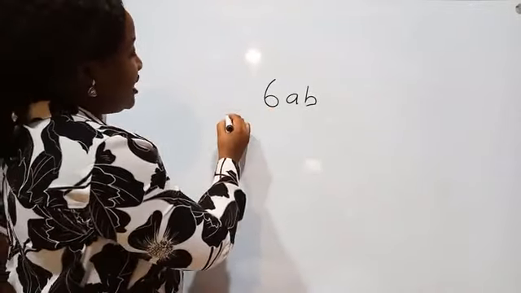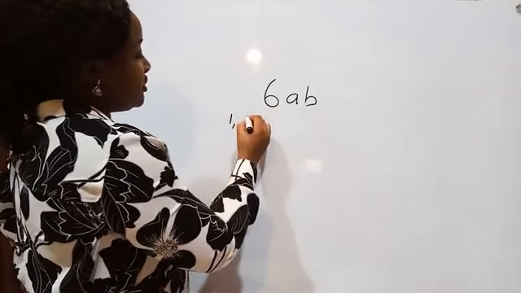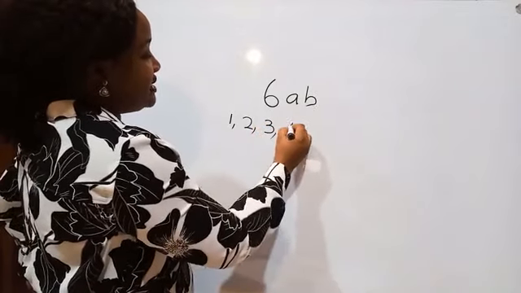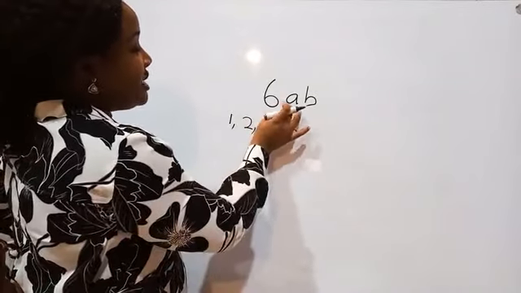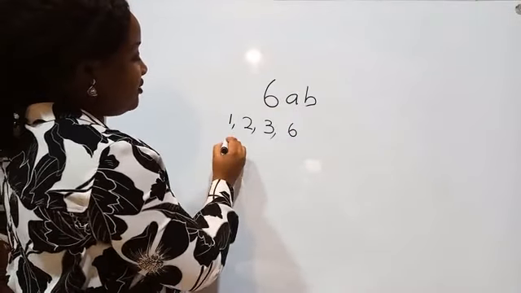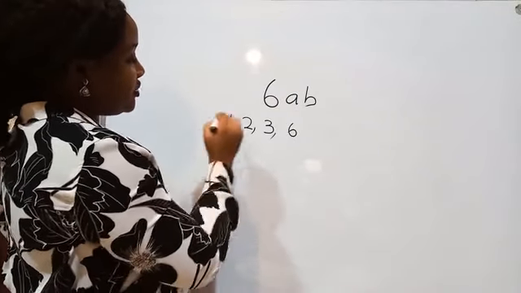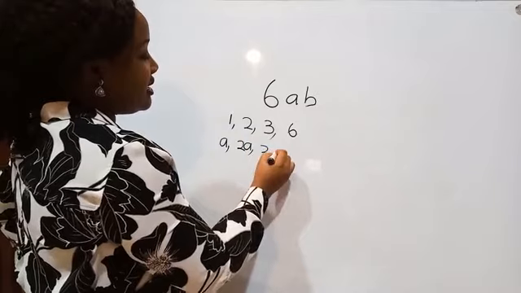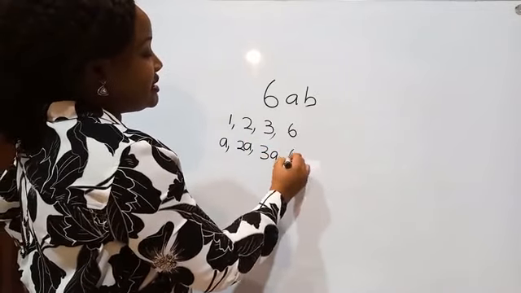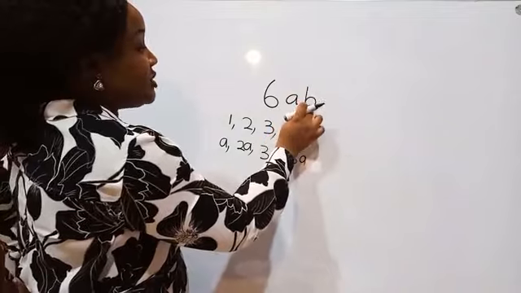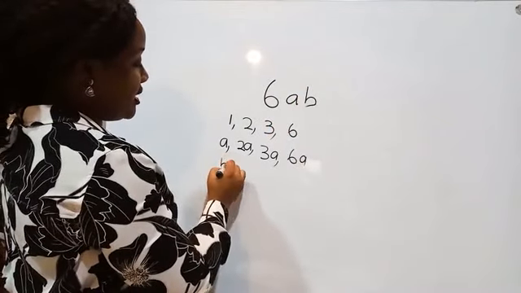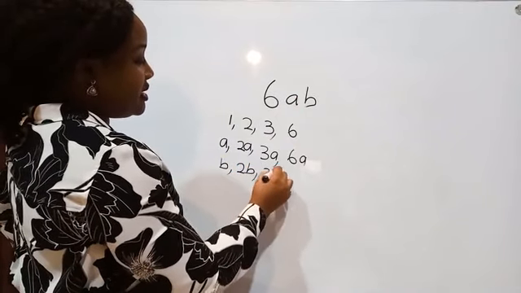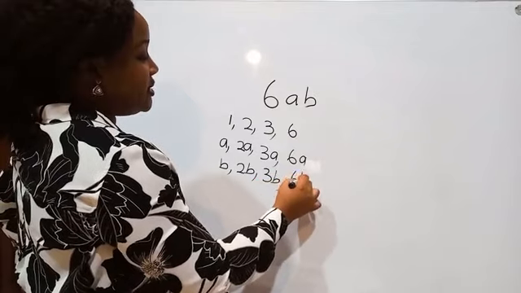For numbers, you have 1, 2, 3, and 6. Now in terms of a, you have a, 2a, 3a, and 6a. In terms of b, you have b, 2b, 3b, and 6b.